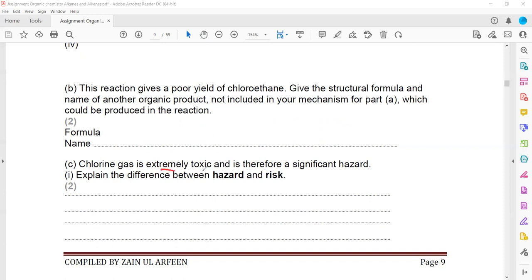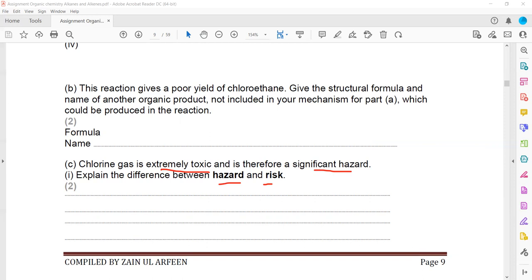Chlorine gas is extremely toxic and is therefore a significant hazard. What is the difference between a hazard and a risk? How do we define the term hazard? A hazard has the potential to cause harm, or can be dangerous.